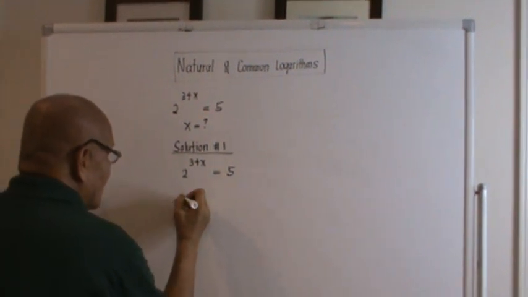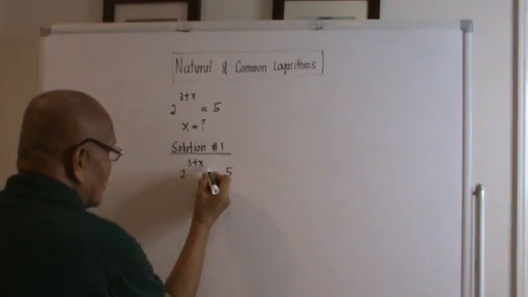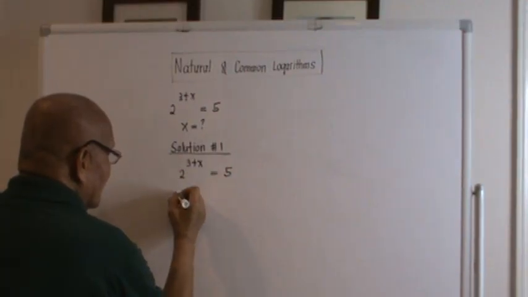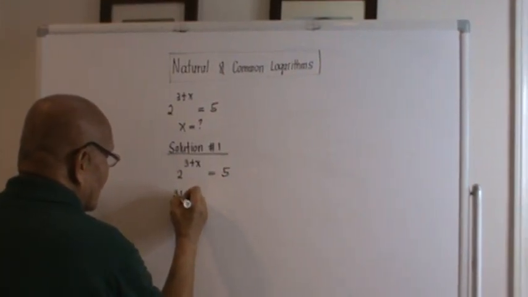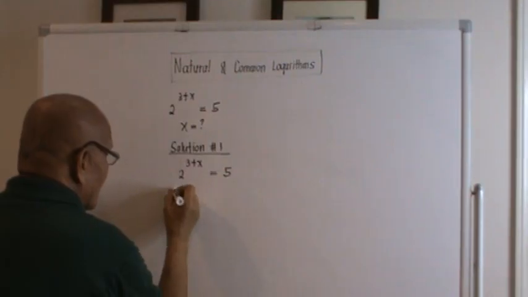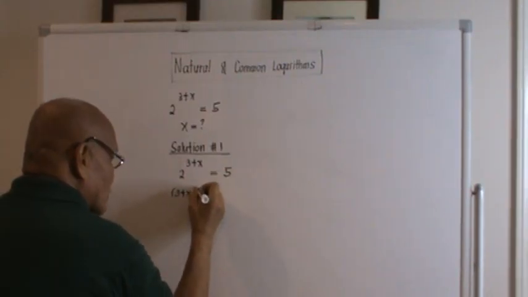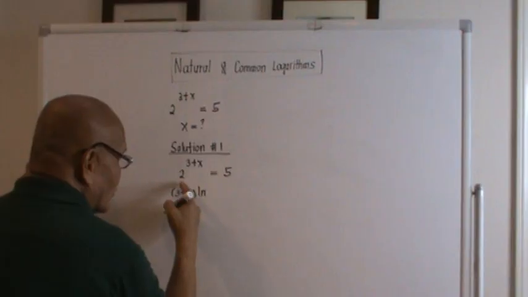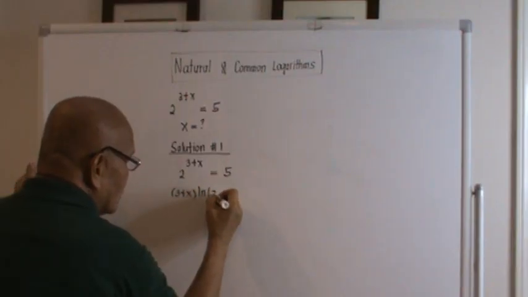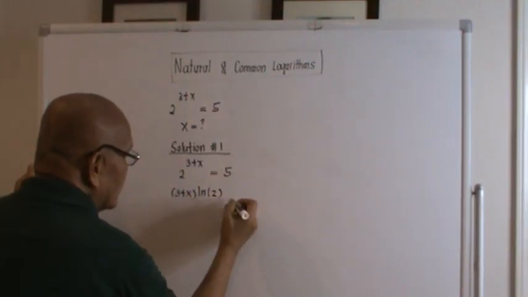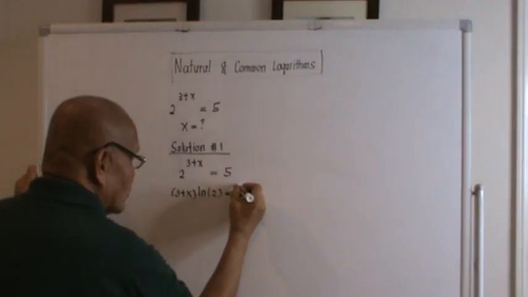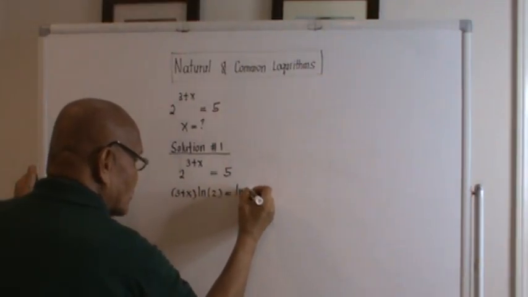Taking the natural logarithm, it becomes 3 plus x times the natural logarithm of 2, and this should be equal to the natural logarithm of 5.